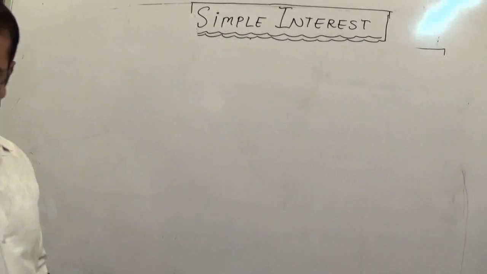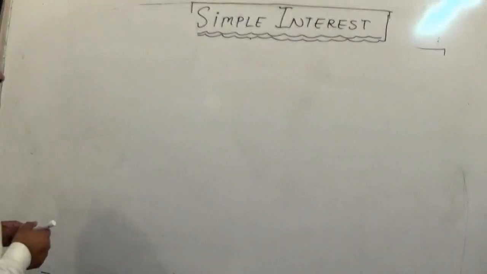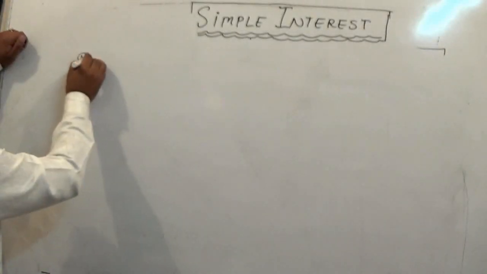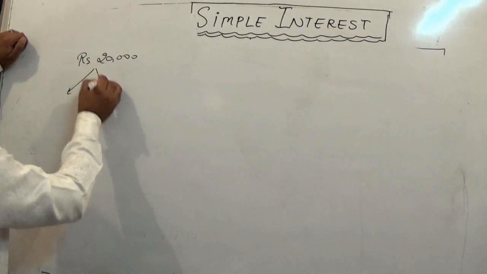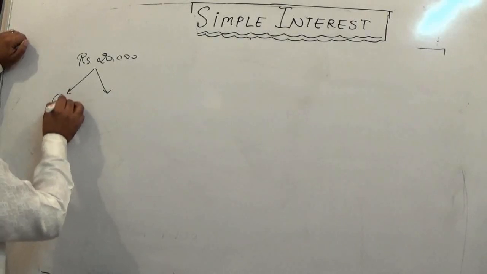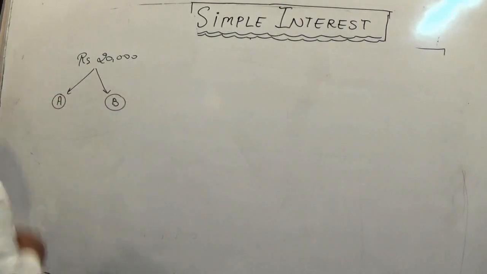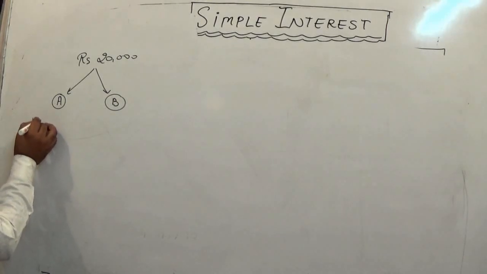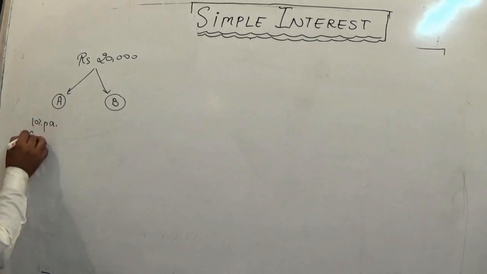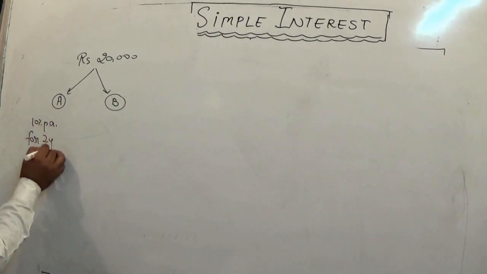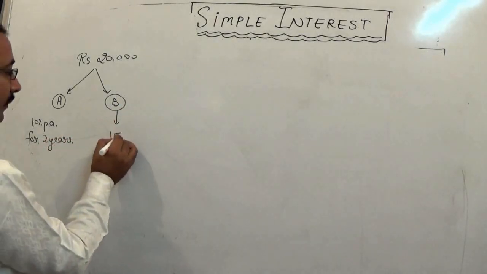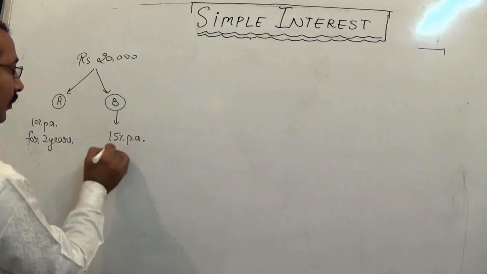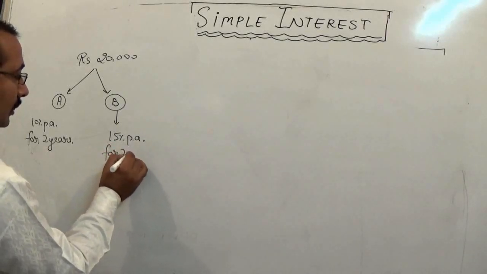What the question talks about: suppose a person has rupees 20,000 with him. He had given this 20,000 rupees to two persons, A and B. To A, he had given at a rate of 10% per annum for 2 years, and to B, at a rate of 15% per annum for 2 years.